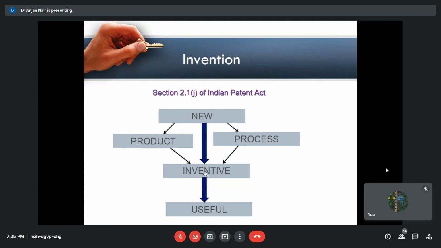When you file a patent and it goes to the patent office, they will check whether it is useful to people. That is the main point they will check.